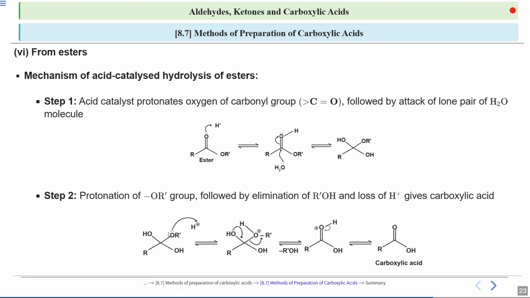If you look carefully, we have protonated this OR group, and after this it leaves as ROH, an alcohol. Finally, we do the deprotonation, that is, it loses one proton to give you the corresponding carboxylic acid. That is how from an ester we get a carboxylic acid.